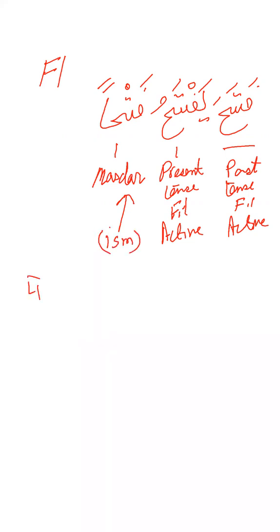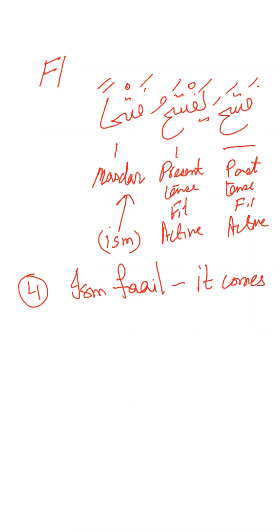Now, the fourth word is isme fa'il, which is very easy because it comes on the scale of fa'il.